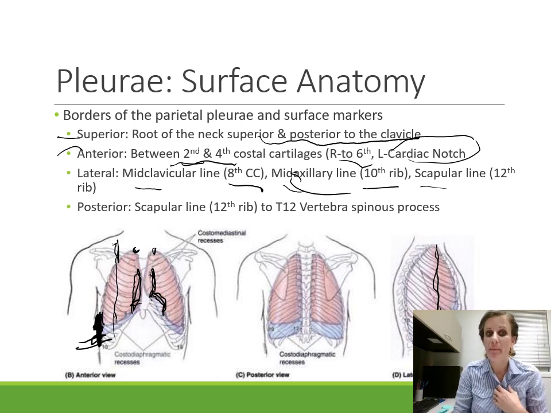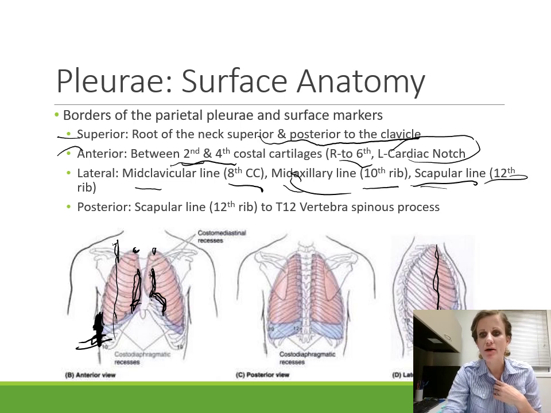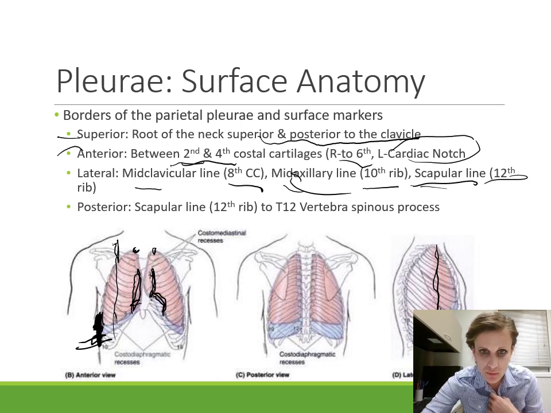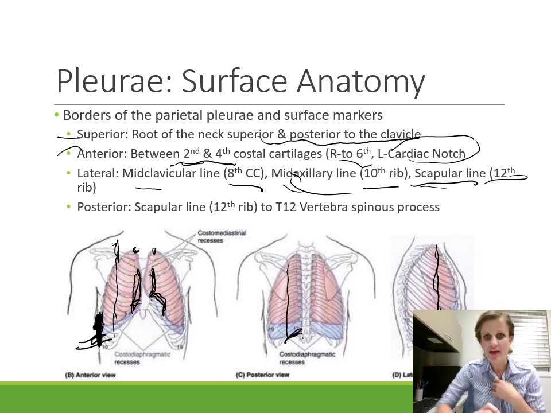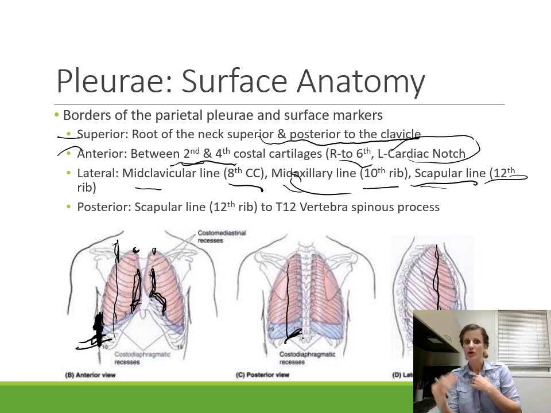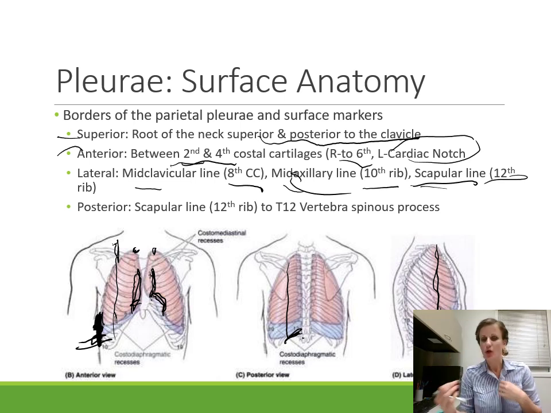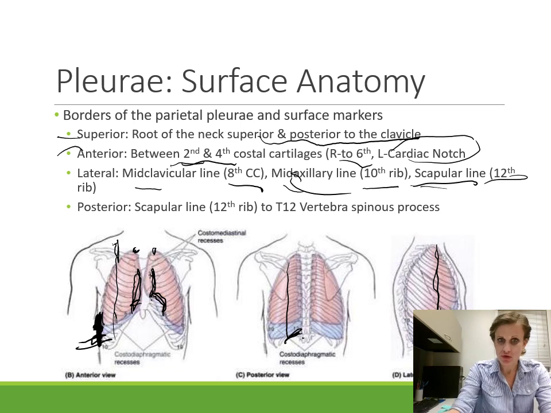Then finally in the back, at the scapular line, we go all the way down to the 12th rib. And that's showing us the inferior and inferiormost region of the pleural cavity. Okay, so drawing a line across the bottom, right?